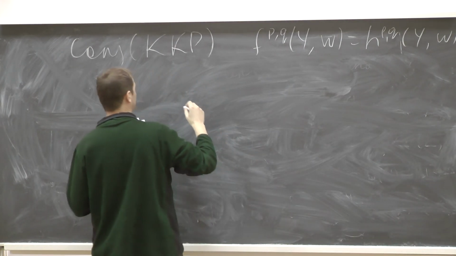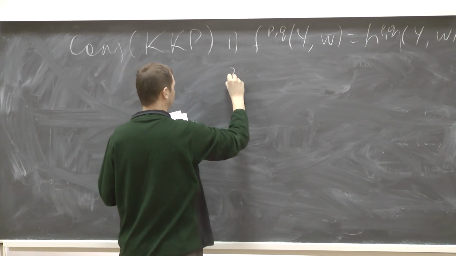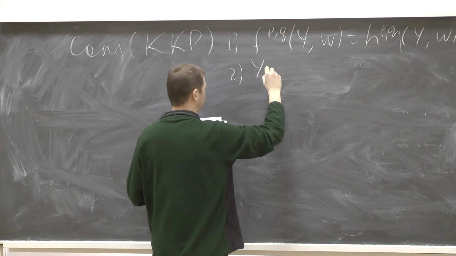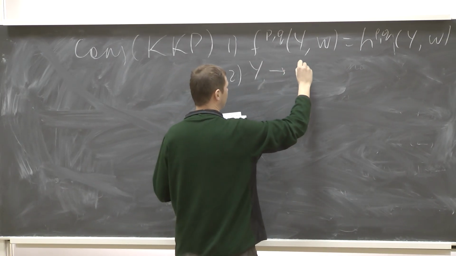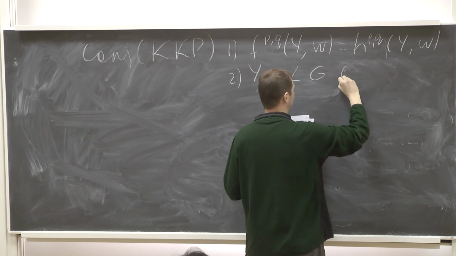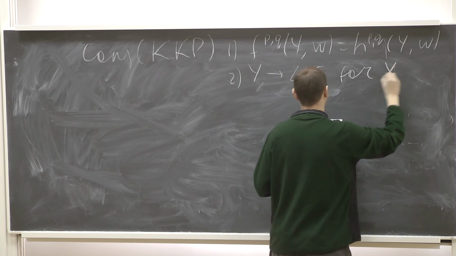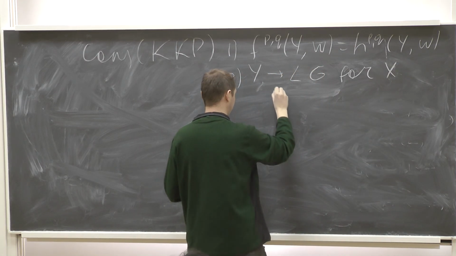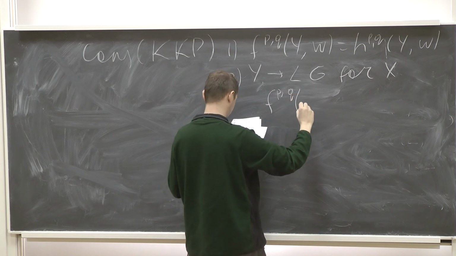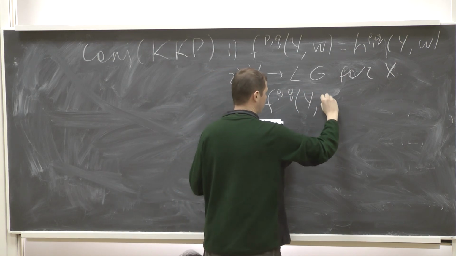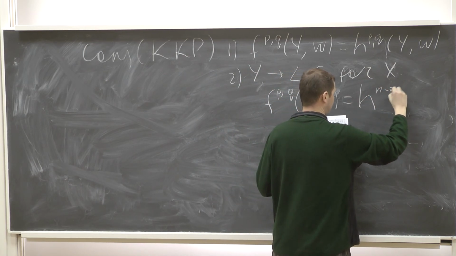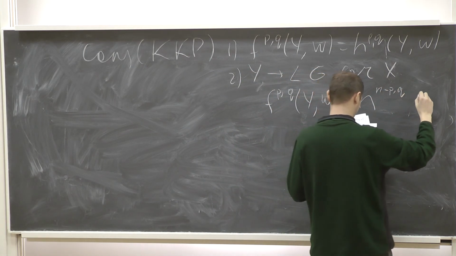And the second conjecture states that if Y is a Landau-Ginzburg model for some Fano variety X, whatever it means for X, then they formulated that the f numbers f^{p,q} of (Y, w) are equal to the Hodge numbers h^{n-p,q} of X.